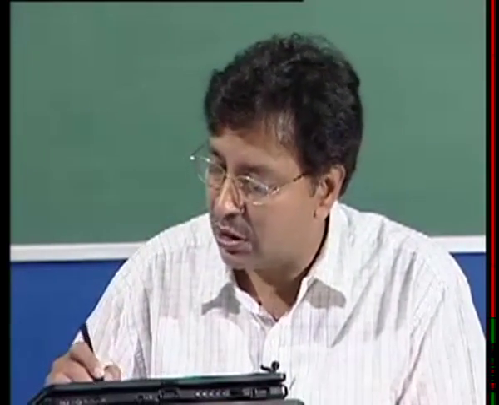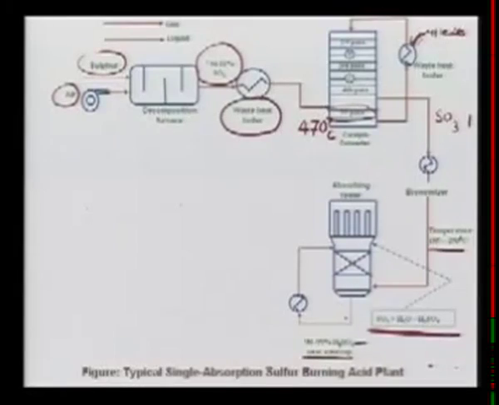Apart from that there are many things going on here: the SO3 is going, water moisture can come, and there could be SO2. So we want the partial pressure of these three species to be minimum. We'll see what can possibly happen if this is not minimum.